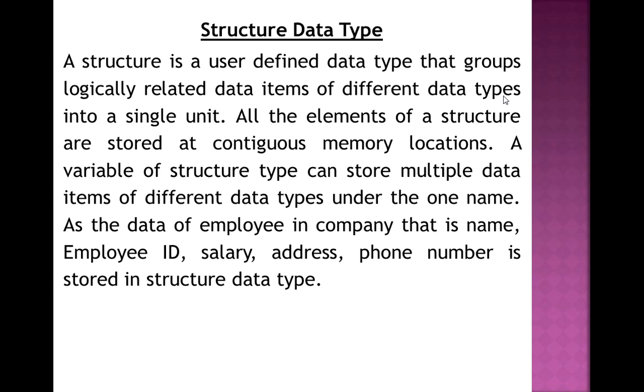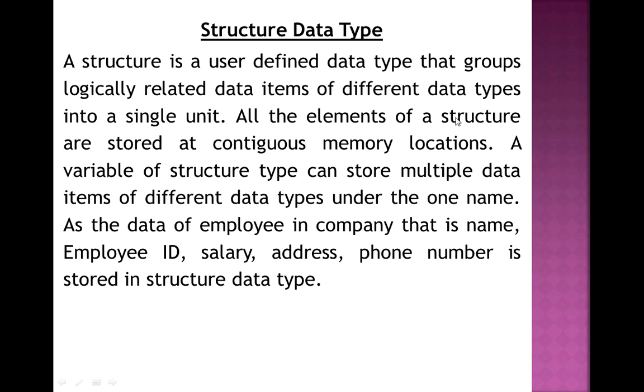Related data items means which are related with each other, of different types. One is of int, one is of char, one is of double, into a single unit. Single unit means a single whole unit, like array A. That is a single unit, and that contains multiple different data types of values like int, char, float, double.